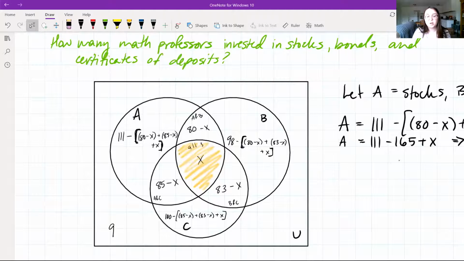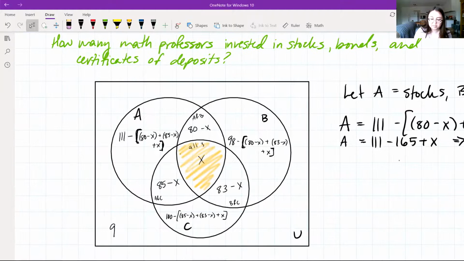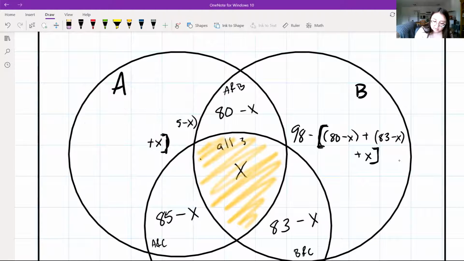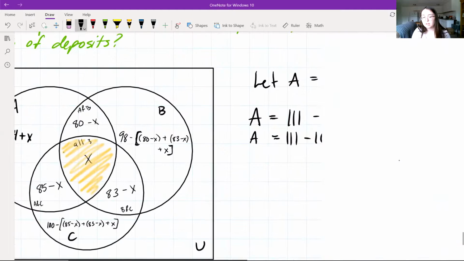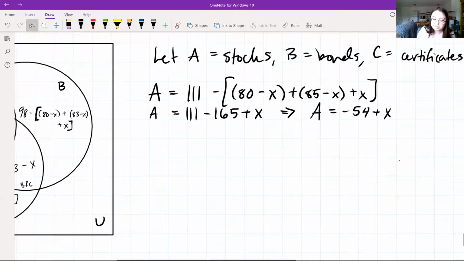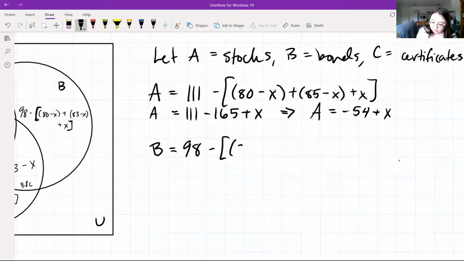So instead of having this really long equation inside A, let's simplify it down. So we know this is going to be negative 54 plus x. So let's do the same thing for B. We know that B is going to be equal to 98 minus 80 minus x plus 83 minus x plus x.